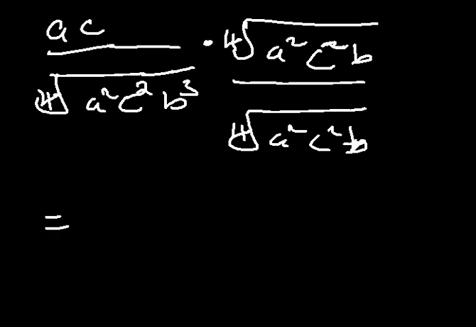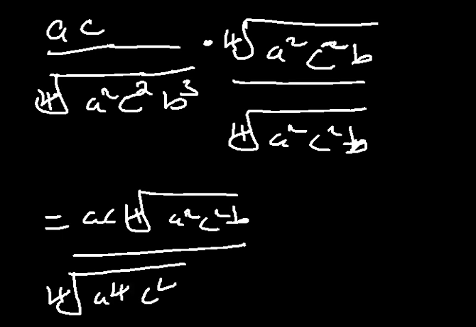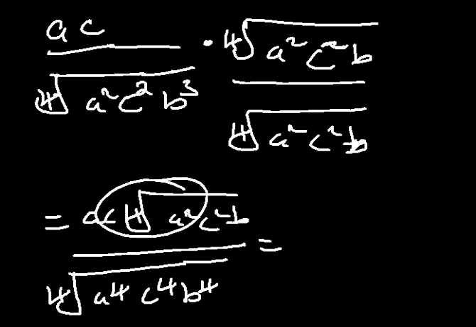So we'll have ac times the fourth root of a squared c squared times b, divided by the fourth root of a to the power 4 c to the power 4 and b to the power 4. The fourth root will go, and we'll have this divided by acb. So that's how we work it out.